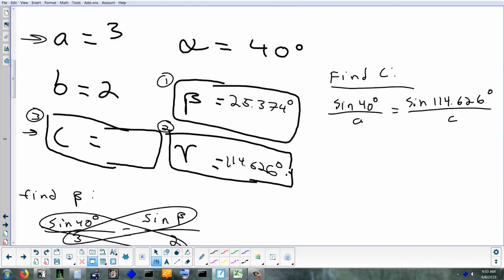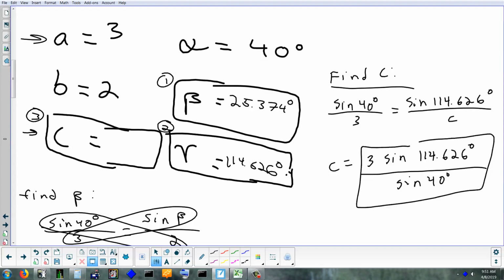If you round to 3 decimal places, it's not going to mess up the answer for C that much. So if C is supposed to be 4.7 and you get 4.65, I mean, you're not that far off. Okay? So let's see what we got. A we know, sorry. A is 3. All right, so we're going to have 3 sine 114.626 divided by sine 40.